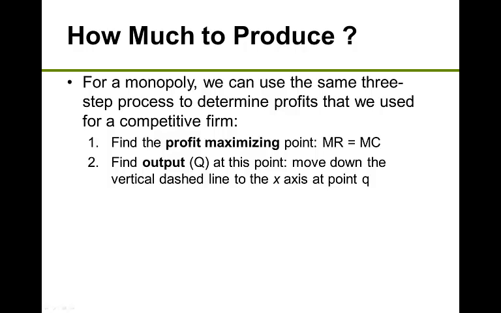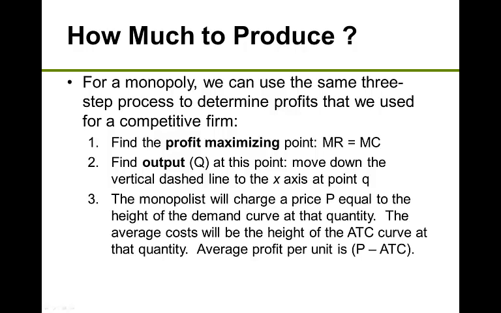Then the monopolist is going to charge a price where that quantity crosses the demand curve. And the monopolist's profits are going to be that quantity times the vertical distance between the price and the average total cost curve, same as with perfect competition.